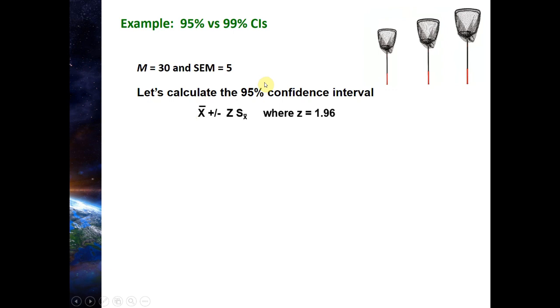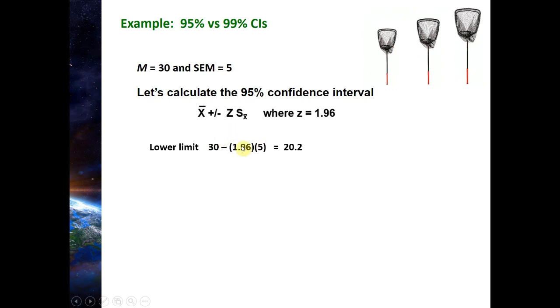All right, so because we want the 95% confidence interval, we're going to use 1.96 as our Z-score, and S sub X bar is 5. So let's go ahead and do the calculation. So we have 30 mean minus whatever this turns out to be. You're going to have to multiply this together first, get your answer, and then do 30 minus this product.